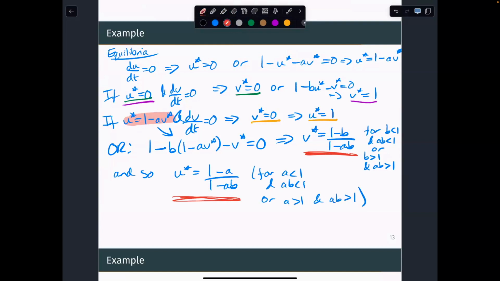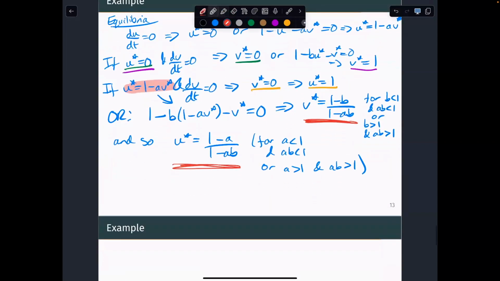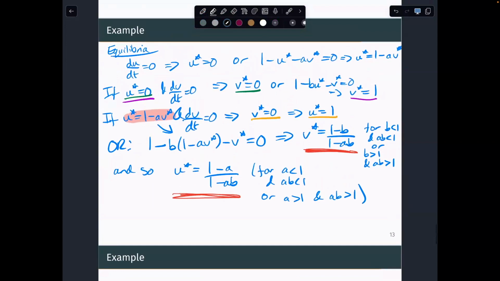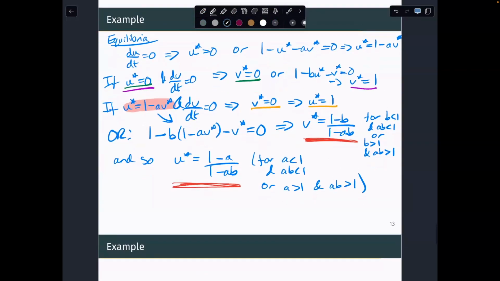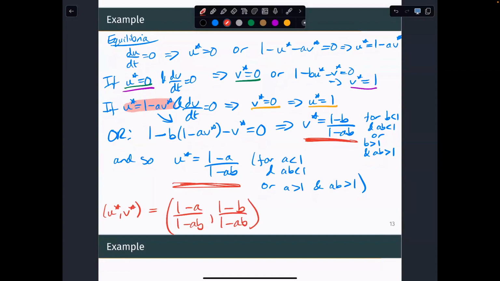Turns out, in fact, that this coexistence equilibrium, so we've got 4 equilibria now. I won't write them all out again, but I've underlined them, I've color-coded them. The one in red, this is the one we're actually going to explore in more detail here. u star, v star is equal to 1 minus a over 1 minus ab, and 1 minus b over 1 minus ab.